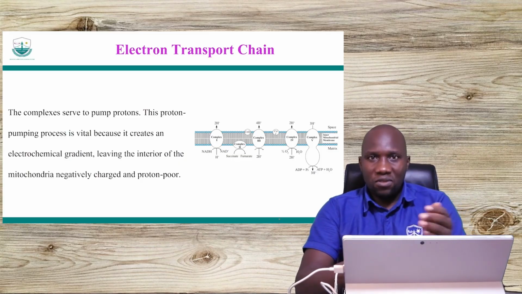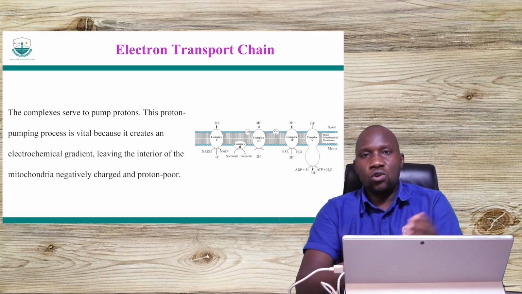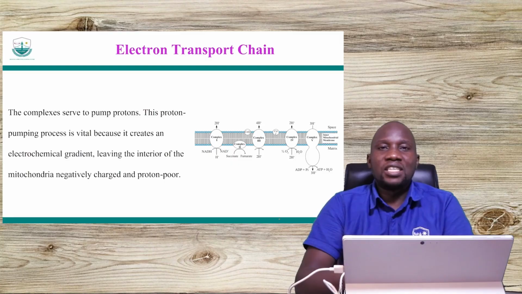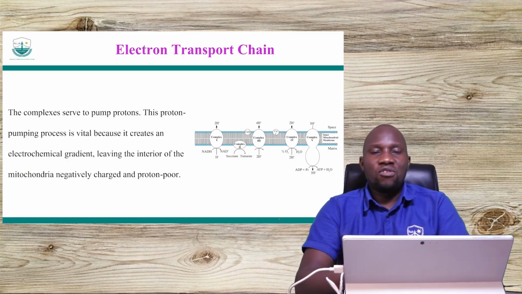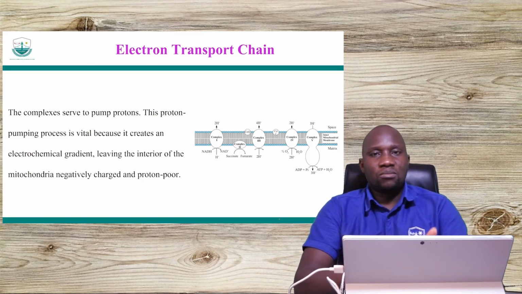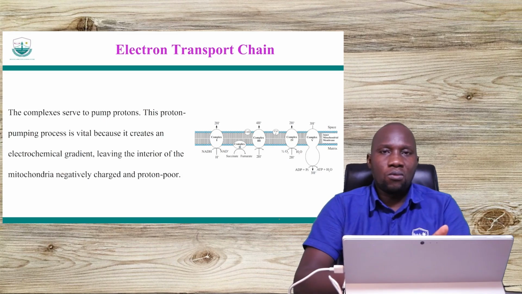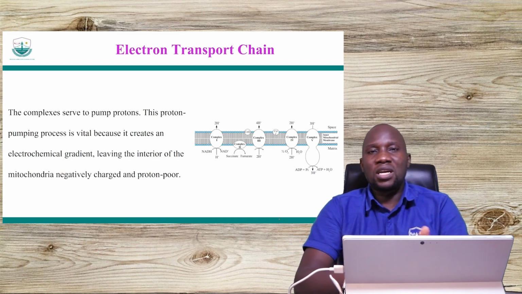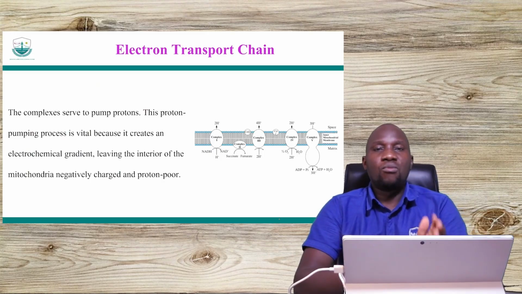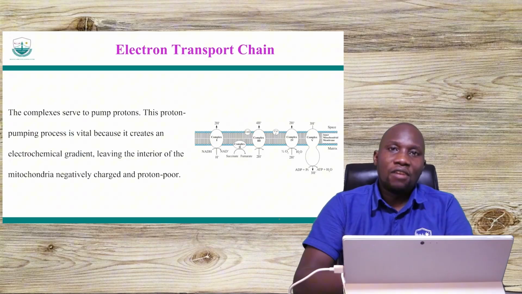And when they move like that, high to low, energy is usually released. But if you're moving from low to high, then you need energy. Energy is used. So in this case, with electrons moving from one carrier to the next, energy is released because we are moving from a higher energy level to a lower energy level.